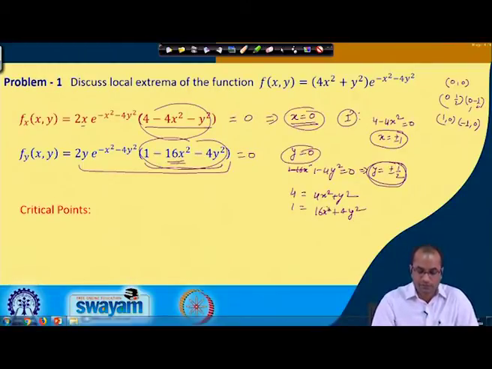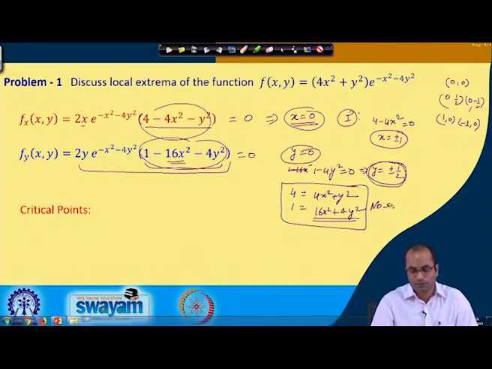If we take a close look and take this 4 common, it will be 1 by 4 on the right hand side with 4x² plus y². So, we cannot get any solution out of these two equations, because the first equation says 4x² plus y² is equal to 4, while the second says that 4x² plus y² will be 1 by 4. So, we cannot get a solution out of this system.